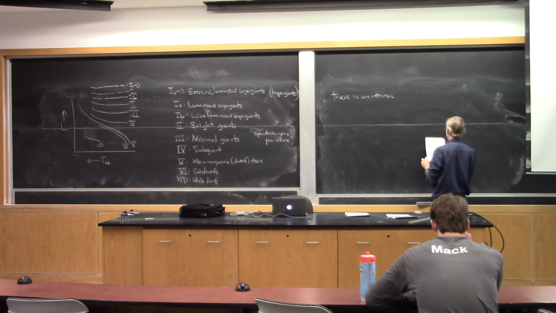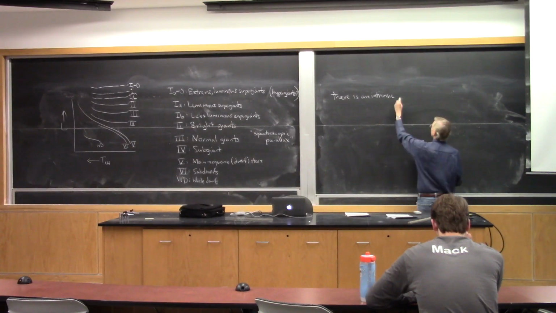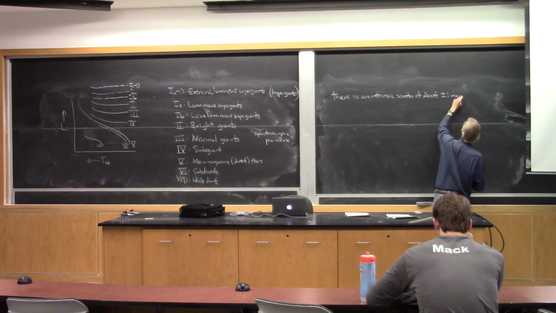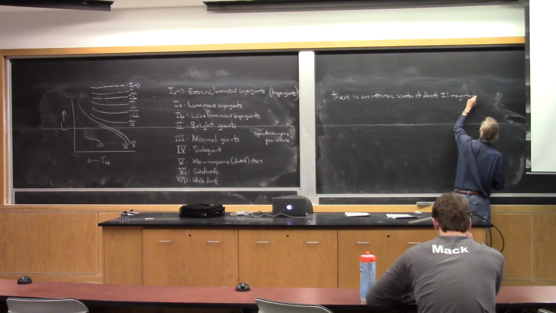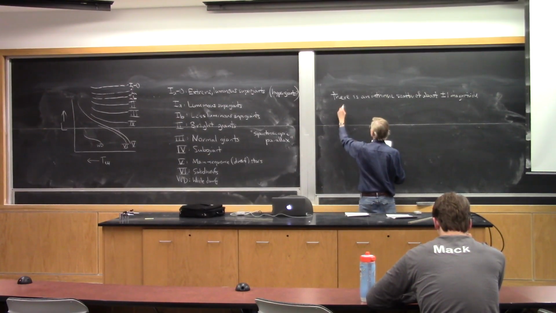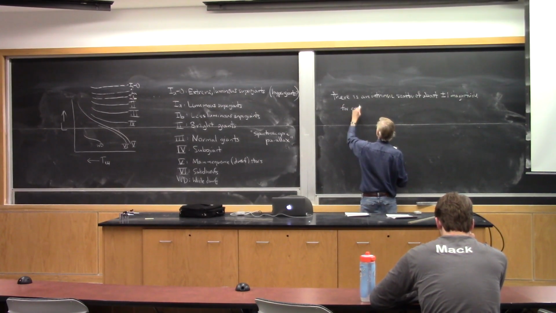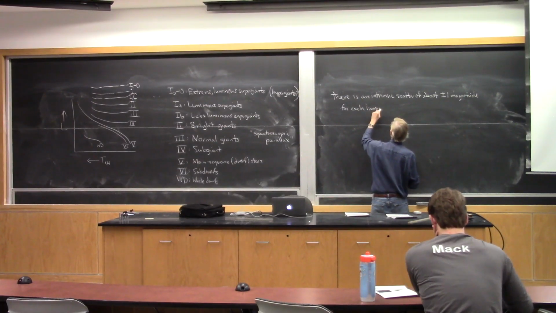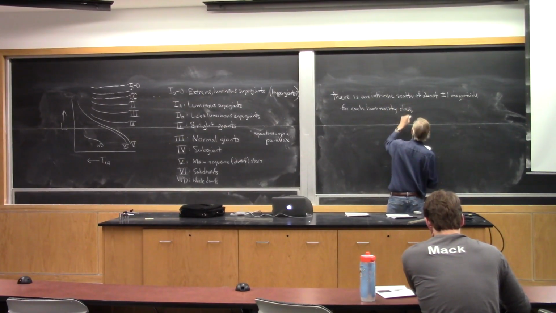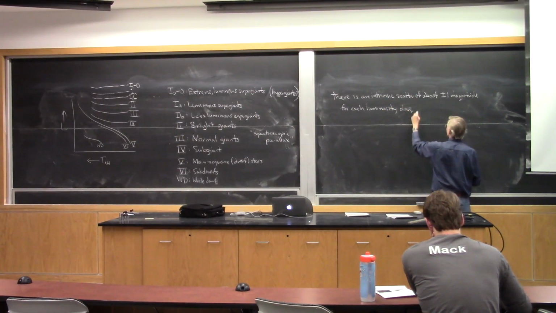There's an intrinsic scatter of about plus or minus 1 magnitude for each luminosity class, making D uncertain.